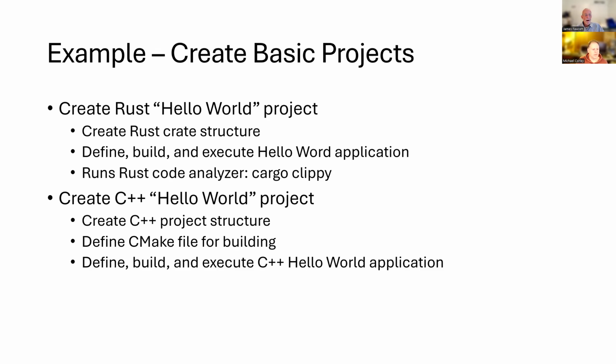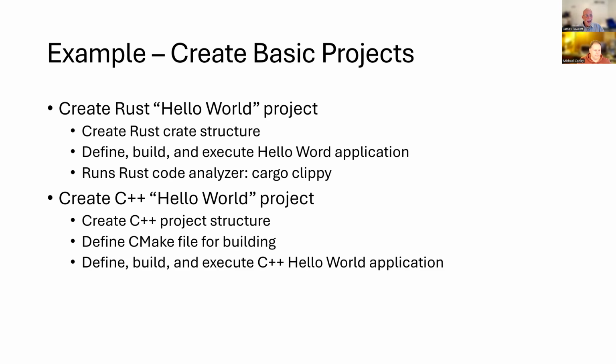The next thing I asked it to do is to create a C++ Hello World project, and there isn't a tool that goes off and builds that. So now the LLM had to build it, and it created a C++ project, and it defined CMake for file handling. I don't remember whether I told it to use CMake. If it didn't use it, then I would have gone back and revised my prompt and said, use CMake.